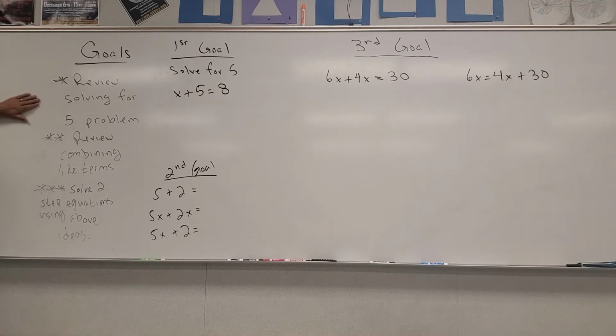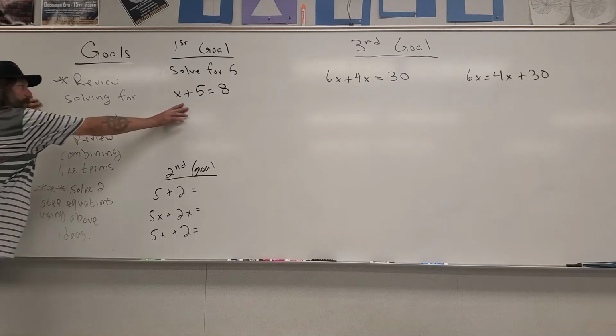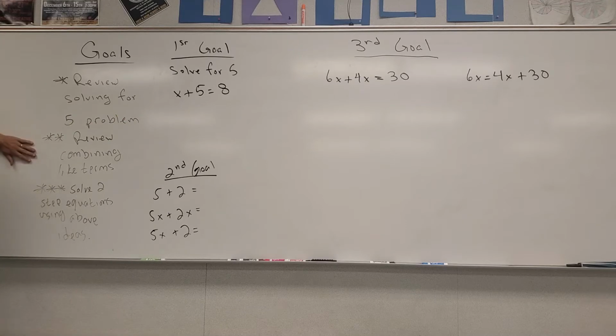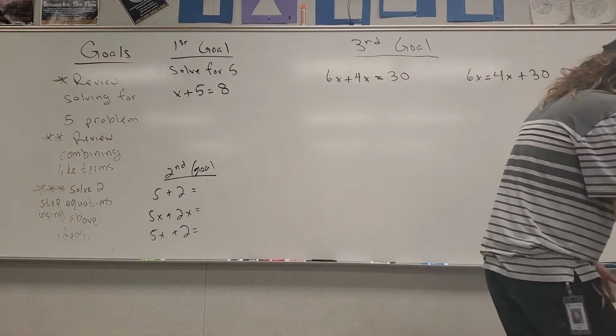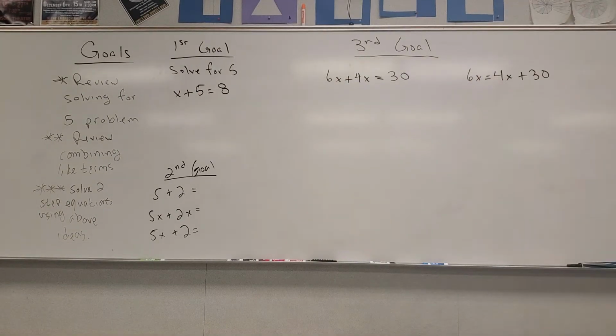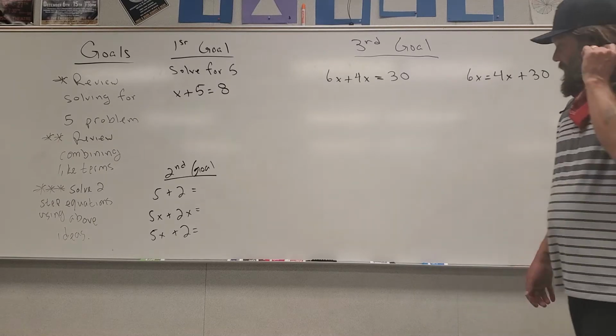So what we learned from reviewing the solving for 5 problem and the combining like terms problem, these ingredients are going to help us solve another type of 2-step problem. So let's go ahead and just jump right in and hit our goals for the lesson.